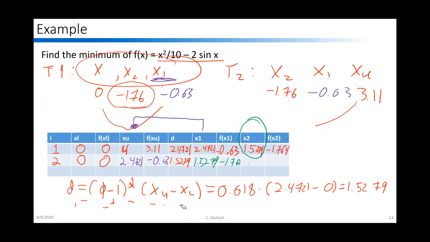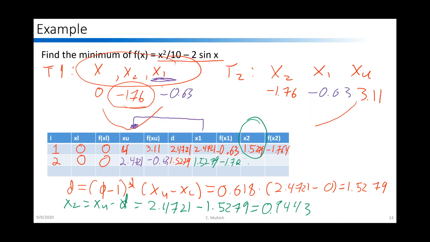So here I'm going to just erase so that I have some space. We can calculate x2 equals xu minus d. We have xu, that's 2.4721, minus d, which is 1.5279. This is going to all come out to be 0.9443.